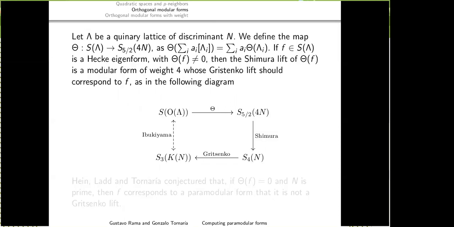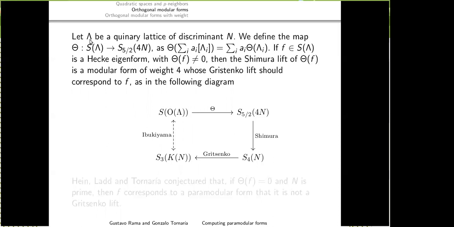Now, by a conjecture of Ibukiyama and a theorem of Ladd, we expect that cuspidal orthogonal modular forms for quinary lattices of prime discriminant correspond to paramodular forms. So, we can define a map, theta.